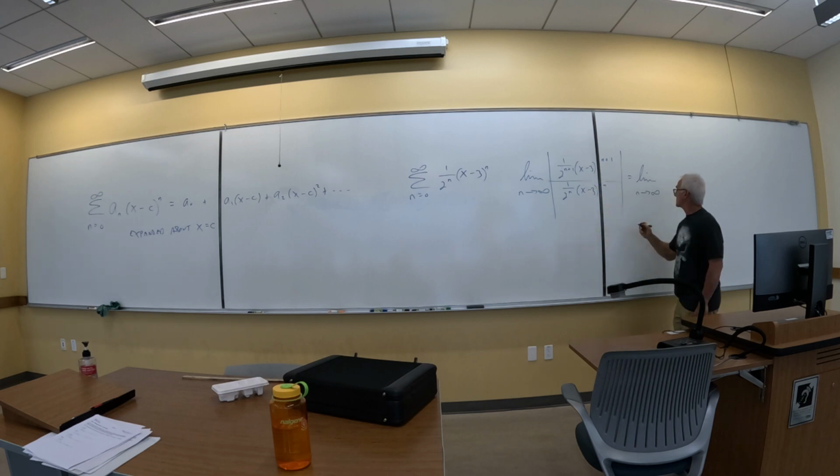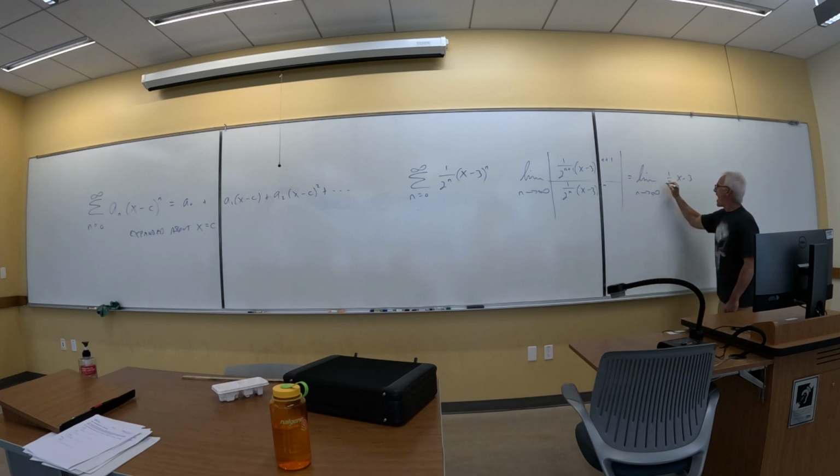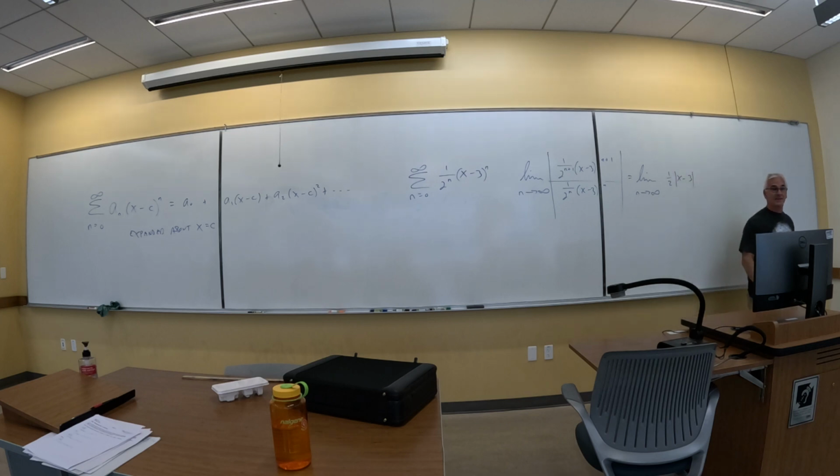So I'm going to get 1/2 of the absolute value of x minus 3. I don't need the 1/2 in the absolute value, but I still need that guy in the absolute value. Now, all my n's canceled, didn't they? So that's just 1/2 of |x minus 3|. Beautiful. Well, that made it easier. This is really the simplest of all the examples.